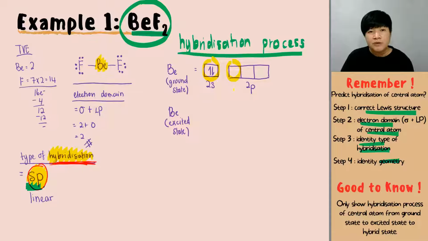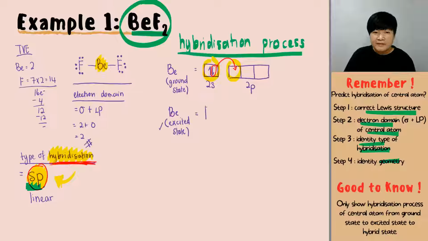The p orbital right now is empty, but I need the p orbital to have electron because of your sp hybridized orbital over here. So, what do we do to make sure the p orbital in the beryllium has an electron? That's why you have your excited state. We are going to excite one of the electrons in 2s into the higher energy orbital 2p. Okay? That's why you have what we call the excited state.